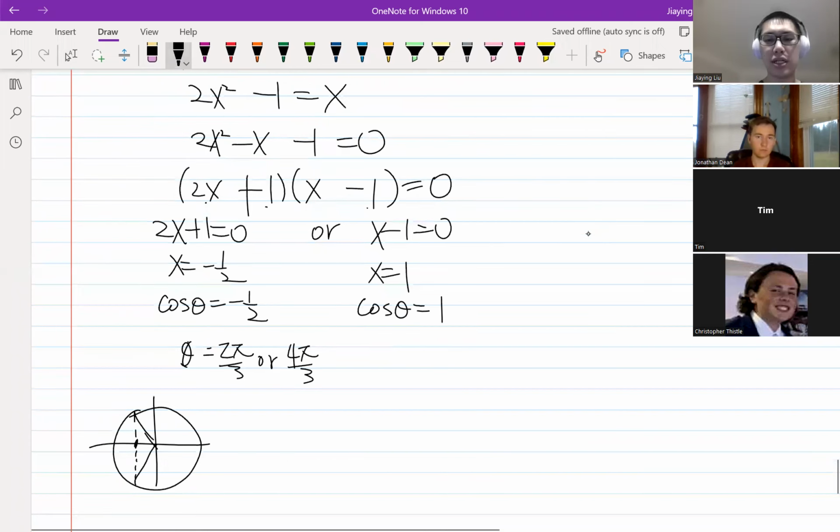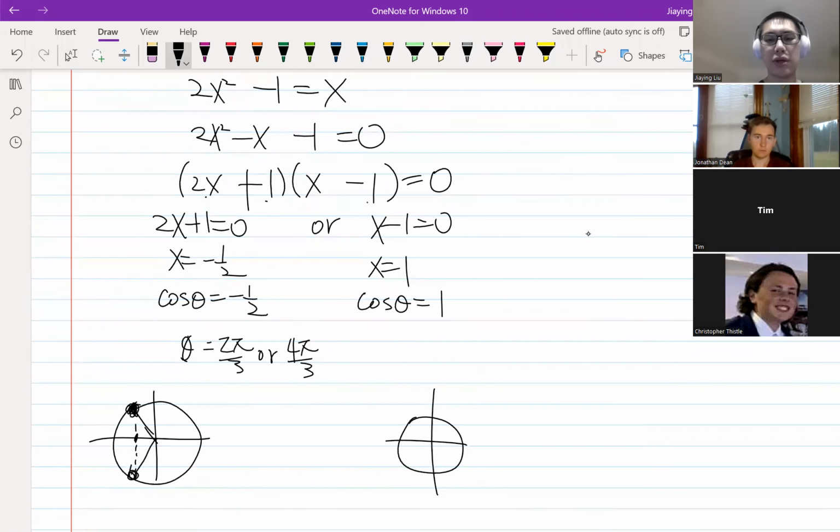And what about cosine theta equals 1? So we're looking for x coordinate equal to 1. Sorry, I'm looking at the wrong side. The other side is negative. I got confused. So the x coordinate equals 1 is right there. And how big is the angle?